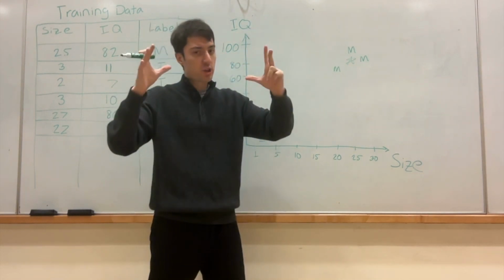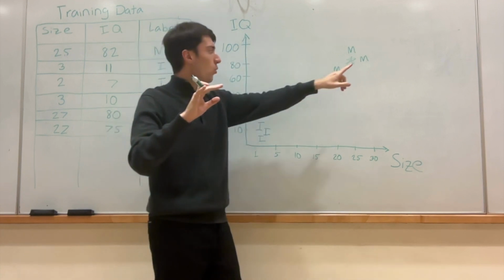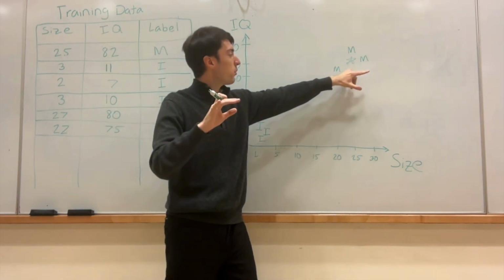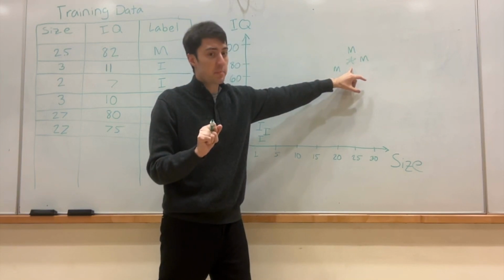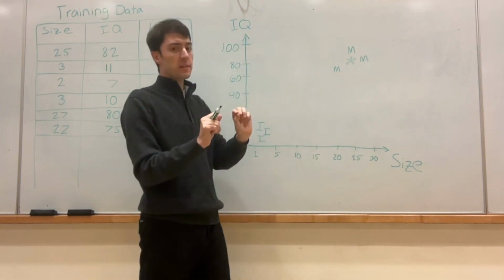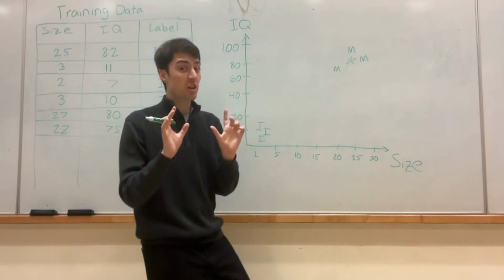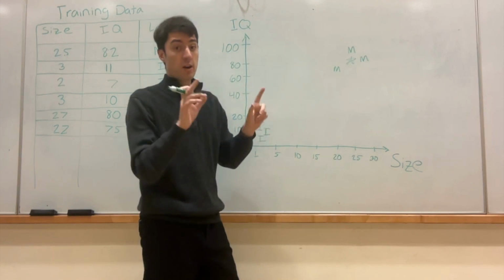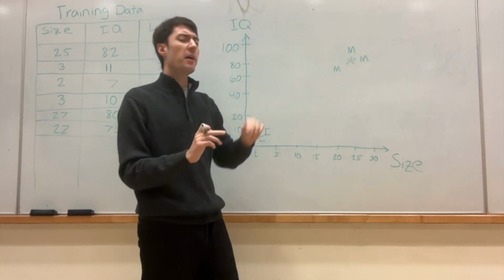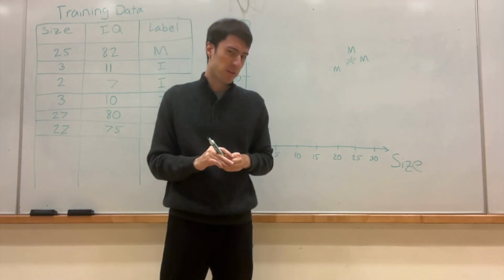Because your brain intuitively said, well, hold on, even though I don't know what class this point belongs to, its attributes are very close to the other points that are monkeys, so I think that's probably a monkey.